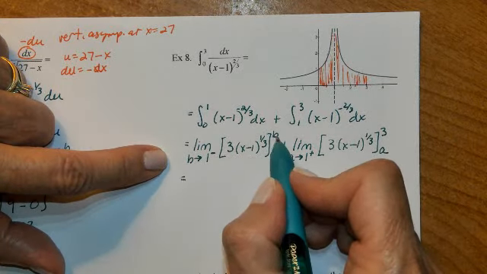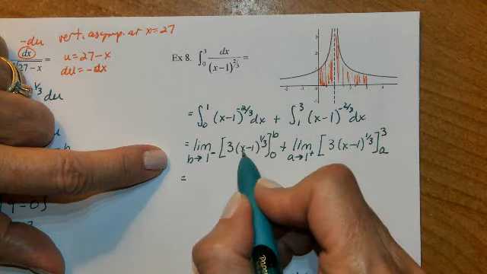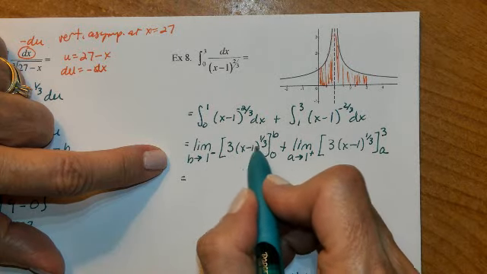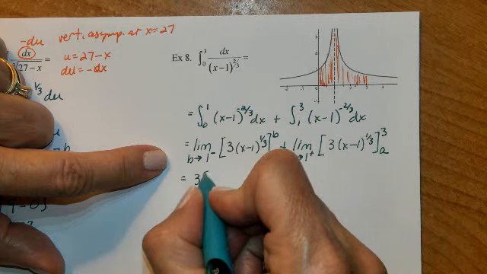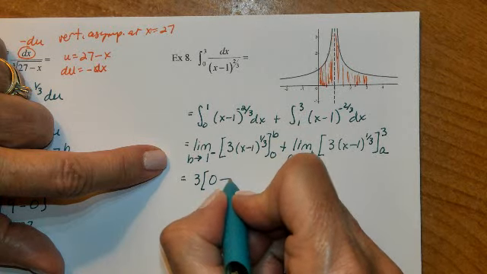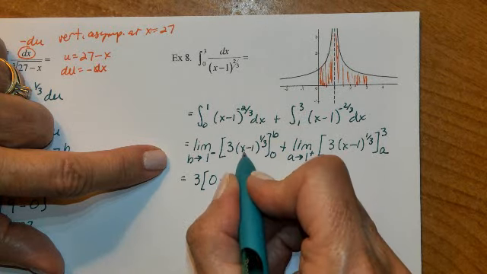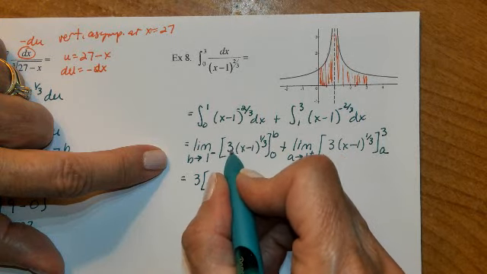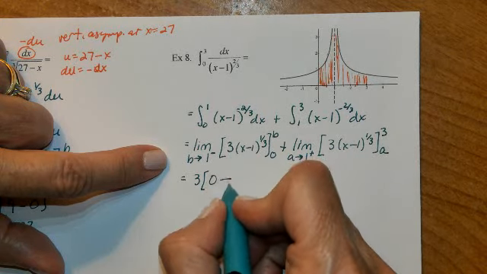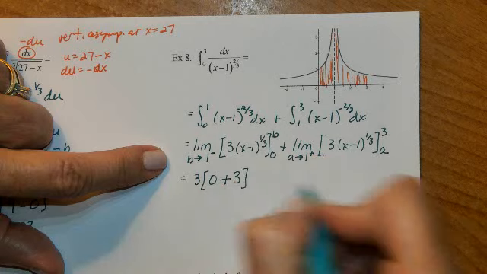So let's think. We're putting in b for x and letting b go to 1. So this will be a 0. So we'll have 3 times 0 minus, now put 0 in for x, negative 1 to the 1/3 is negative 1, times 3 is a negative 3, so that makes that a plus 3 in there.